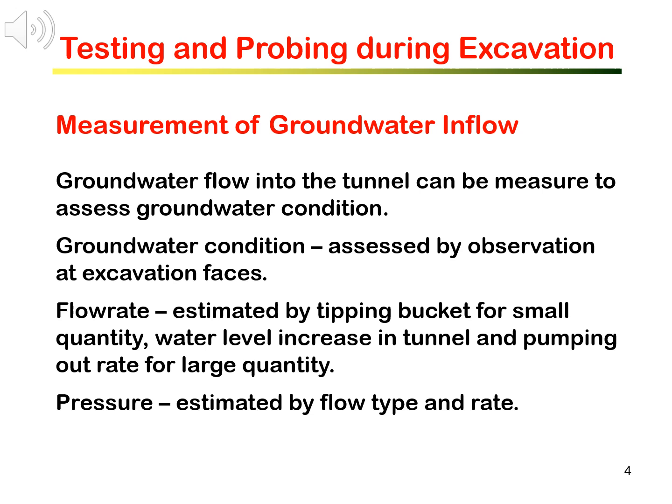If the inflow rate is high, then the inflow rate needs to be assessed by measuring water level increase in the tunnel and the pumping out rate. Groundwater pressure can be measured by piezometers or sometimes estimated by flow rate.